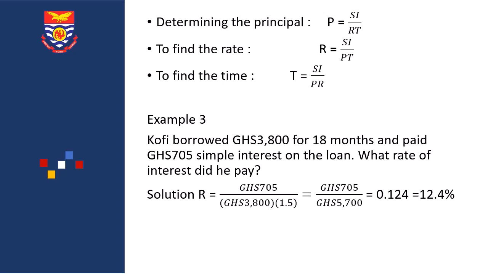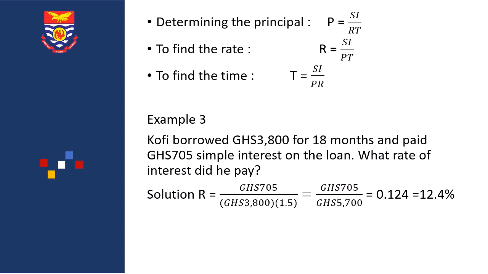The rate is R. So in the formula, you just make change of subject, you make R the subject. Since you have SI, you have your P, you have your T, you can easily find your R because you have your interest, you have your principal, and you have the time. Right, so R equals SI over PT.